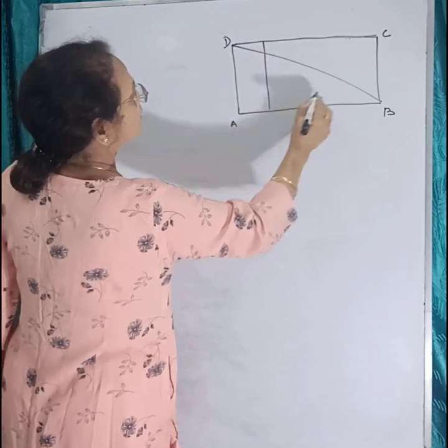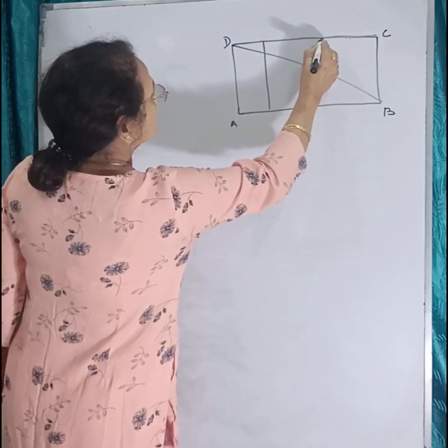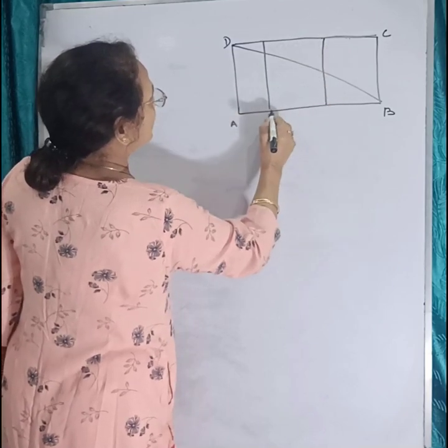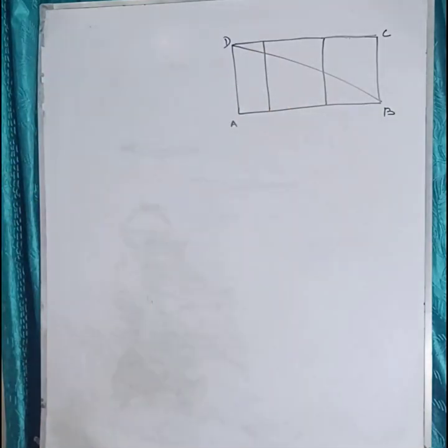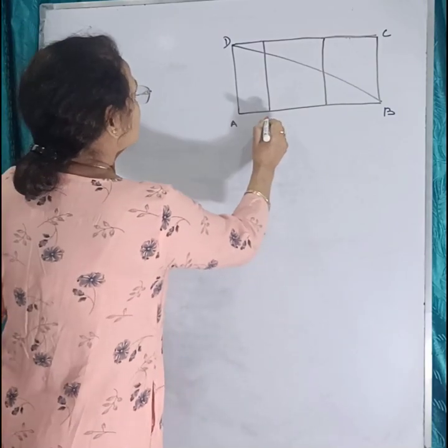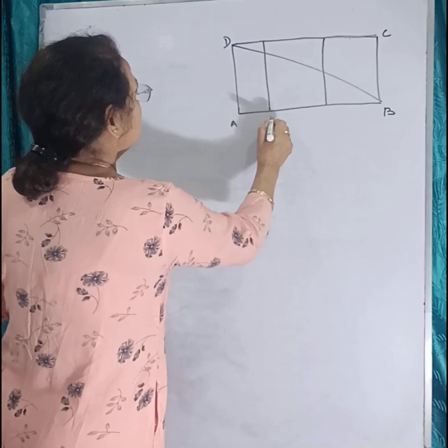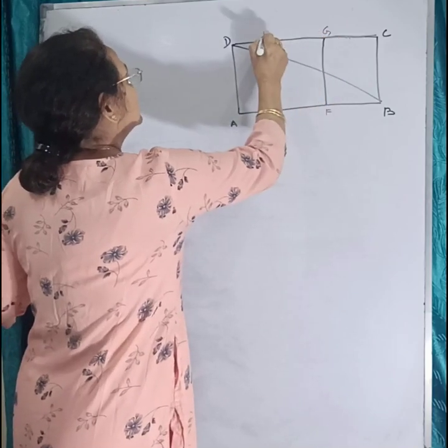This and this. फिगर पे ना जाए इस तरह से. This is the square. EFGH.